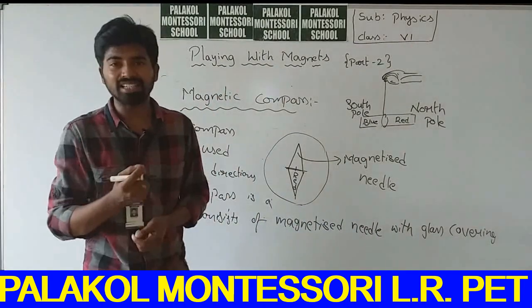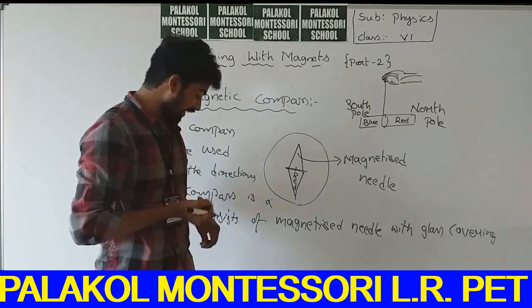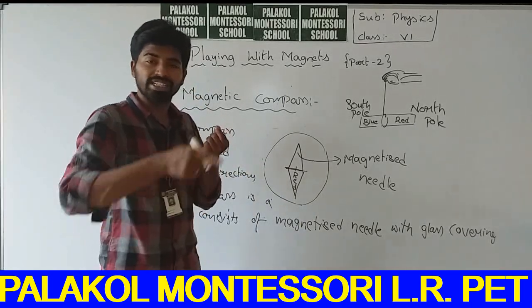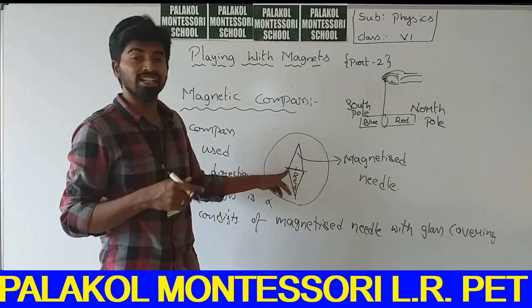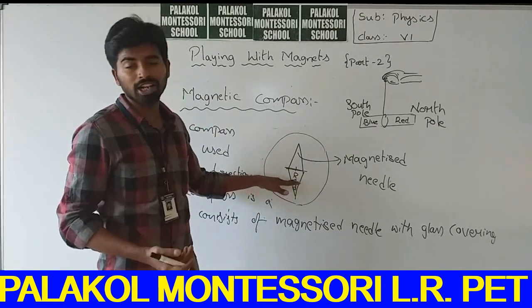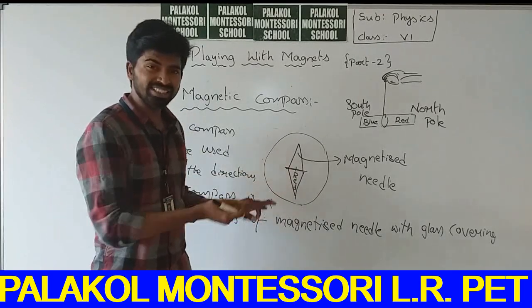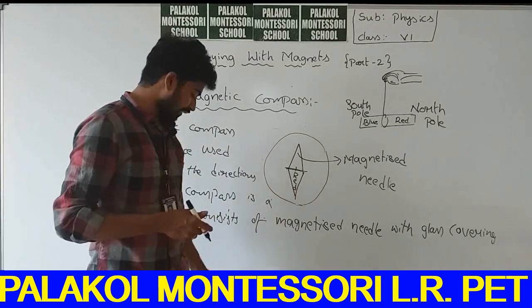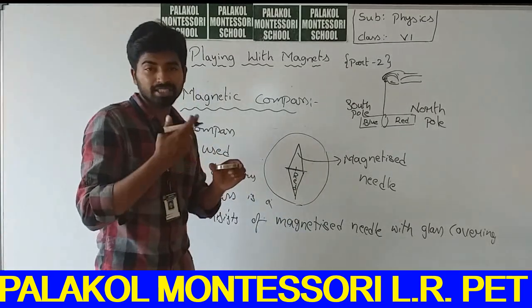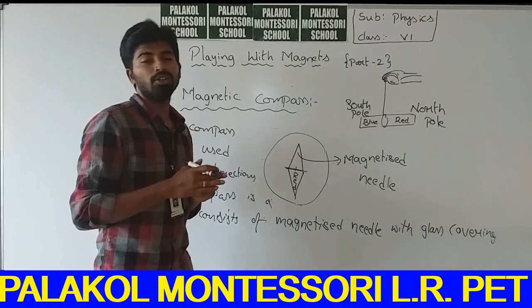That needle is suspended freely. That needle is arranged on a small point. It can freely rotate. So what happens? This red side will always point towards north. Freely suspended means it can rotate without any disturbance.